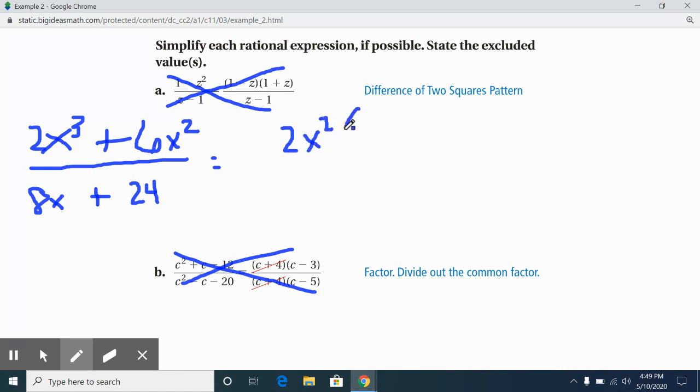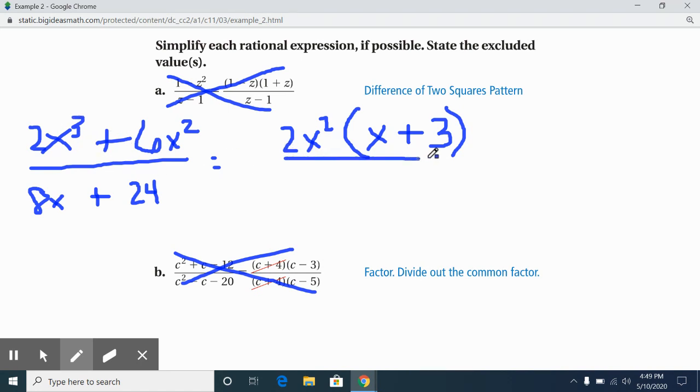What's left in the parentheses is what remains after I divide by 2x squared. 2x cubed divided by 2x squared leaves only an x, and 6x squared divided by 2x squared would just be 3. So I factored the numerator.